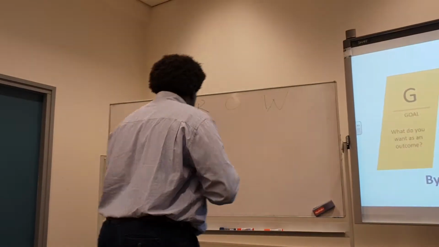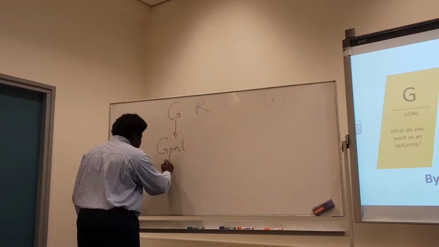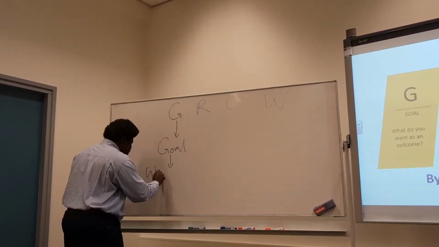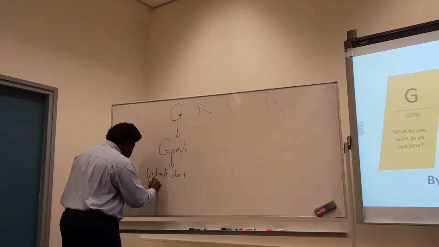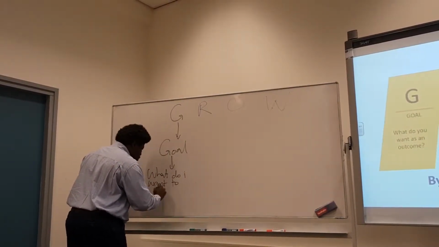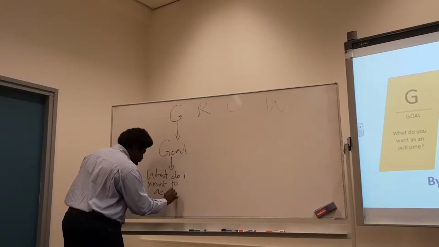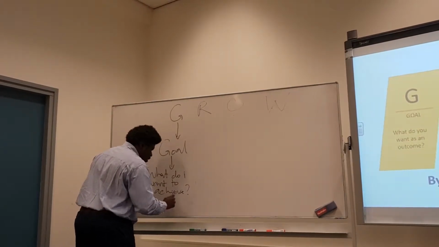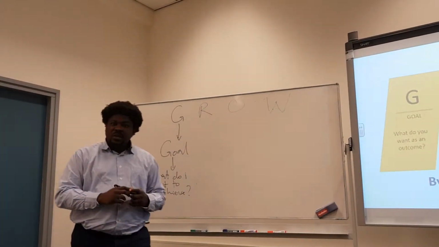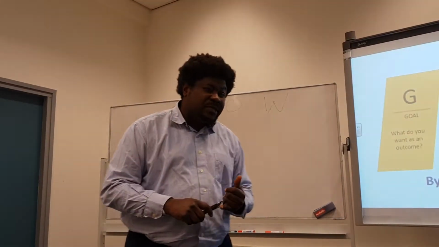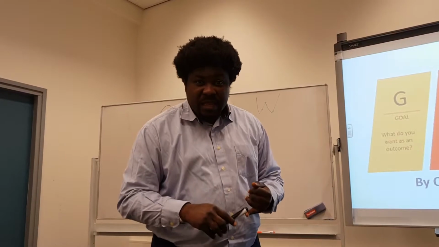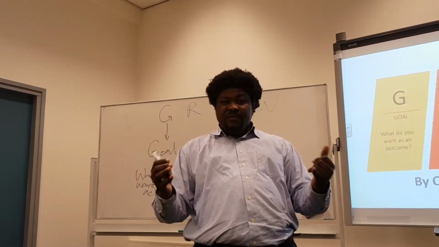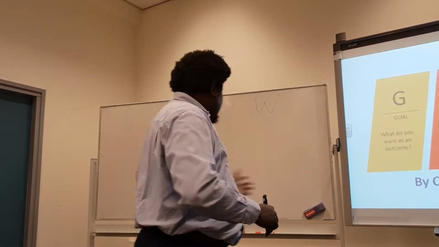The question there would be, what do I want to achieve? That is an ultimate question that we must ask ourselves at every point in time if we really want to develop professionally and be effective as an individual. Ask yourself, what do I want to achieve?